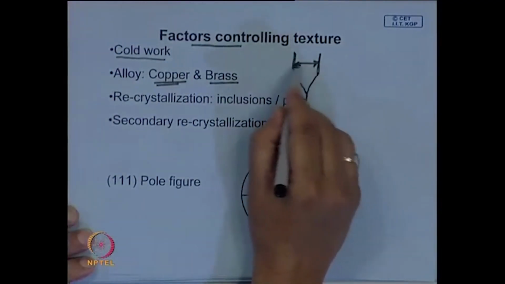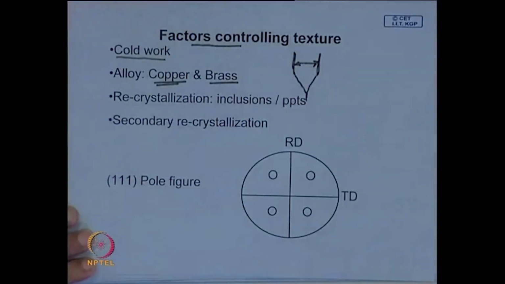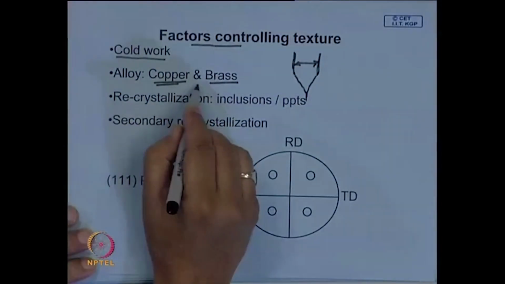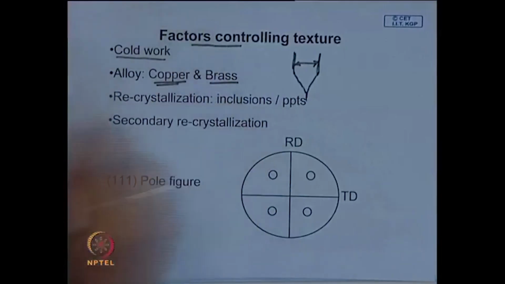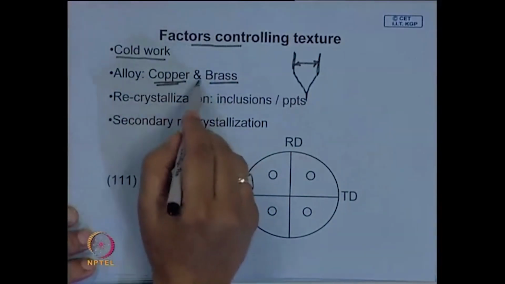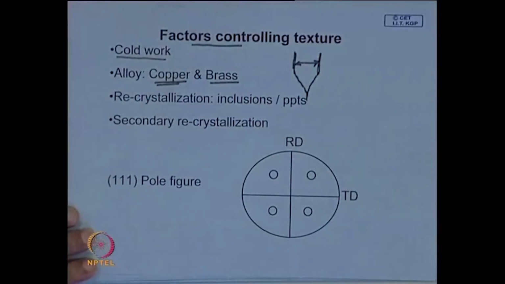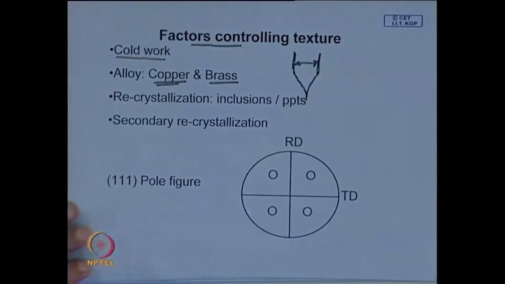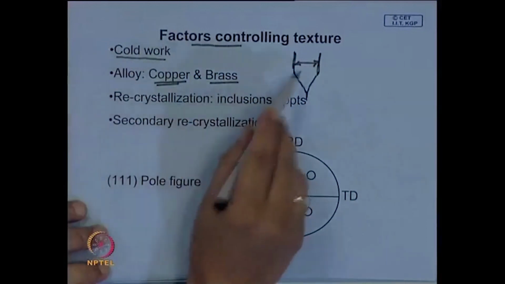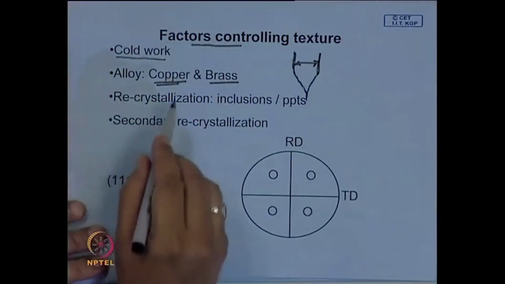They cannot cross slip, they can move only in one plane. So, you can reason that one reason why alloy addition controls the texture is because the movement of dislocations depends significantly on the stacking fault energy.